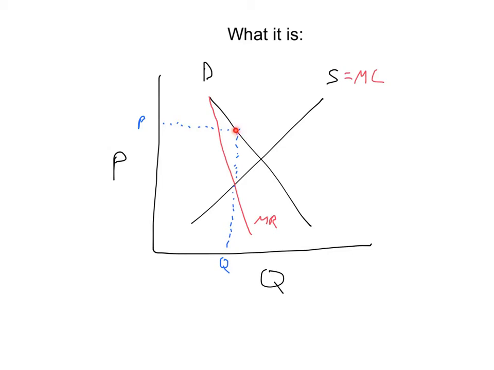Okay, so everybody who's willing to pay this much or above is still going to pay this price, but people who are willing to pay that much will pay a slightly lower price, and people who are willing to pay, say, that much will pay a slightly lower price until we get here, because they're not going to ever sell this unit, okay, because people are only willing to pay this much, but it costs that much to make.